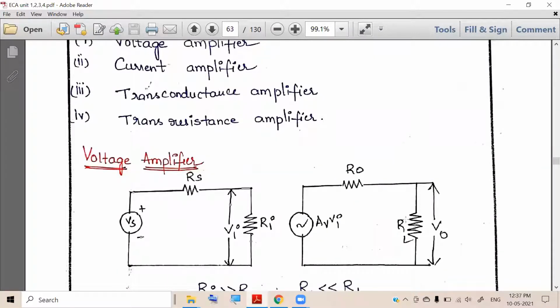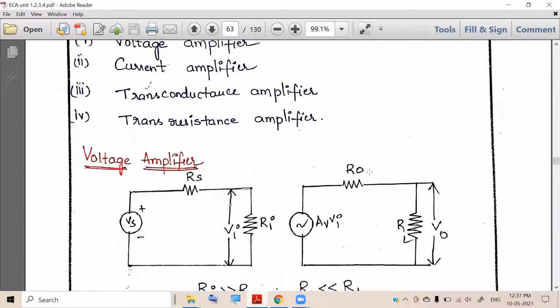So for finding output impedance, what is the rule? Open circuit RL, connect an external source V0, then measure the current drawn from the source. Let us call it I0.